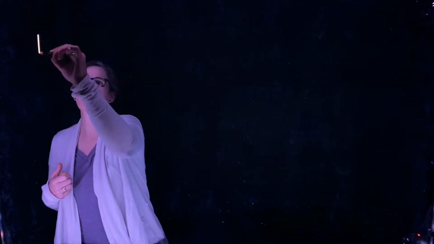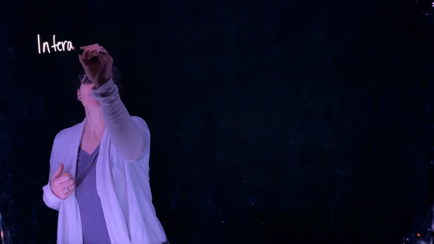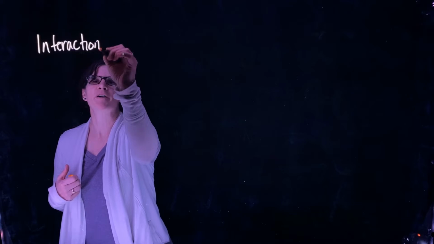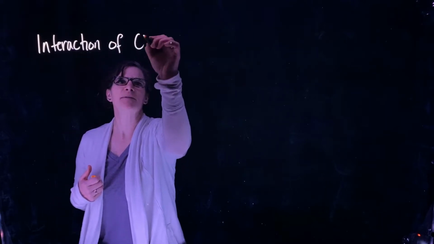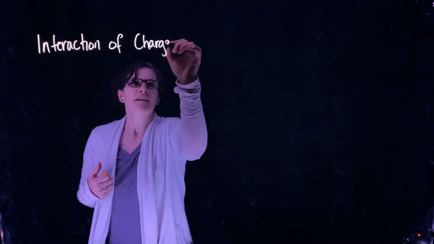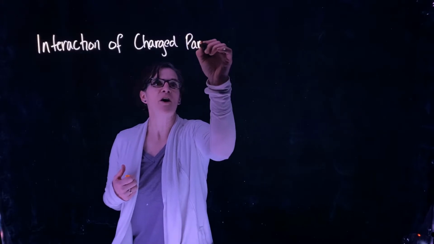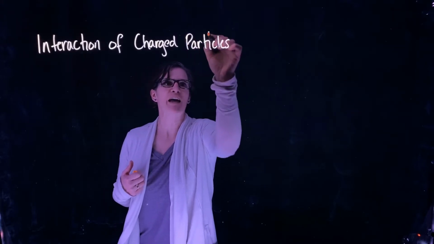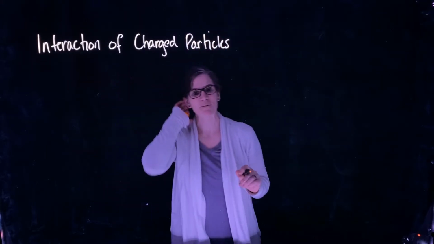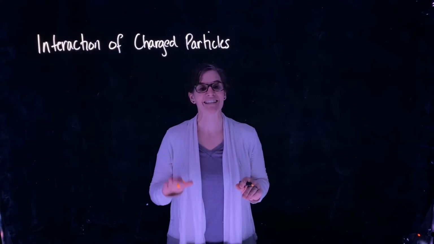Okay, so this mini lecture is going to look at the interaction of charged particles. So how do charged particles interact? Now, you may recall from a previous mini lecture, and if you haven't seen that, go back and check it out, that we talk about 3 states of charge.